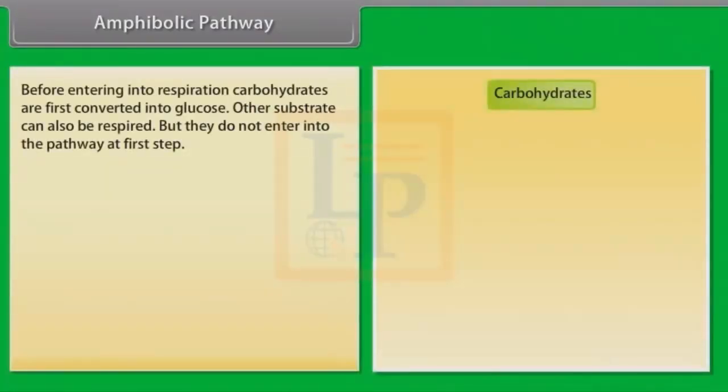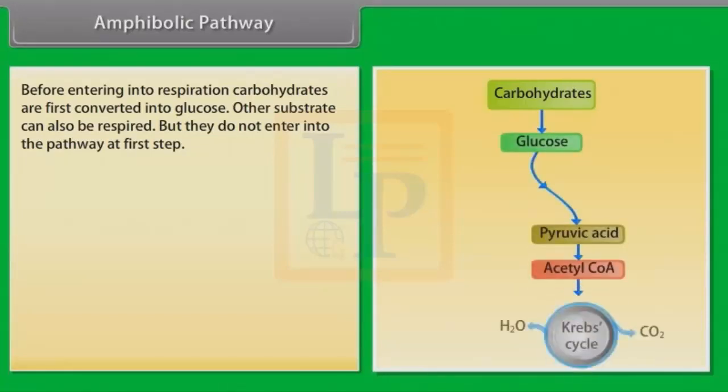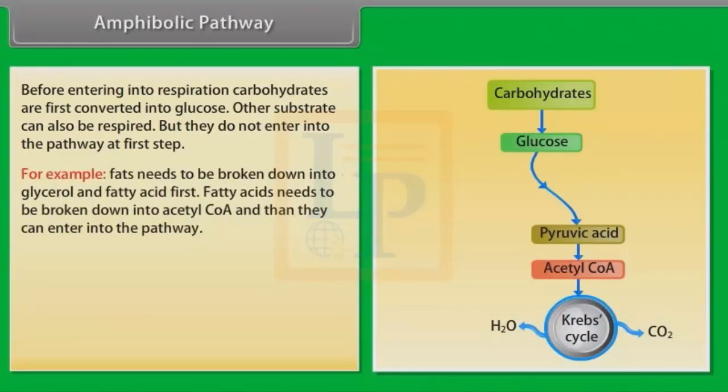Amphibolic pathway. Generally, carbohydrates are used as substrates for respiration. Before entering respiration, carbohydrates are first converted into glucose. Other substrates can also be respired, but they do not enter the pathway at the first step. For example, fats need to be broken down into glycerol and fatty acids first.